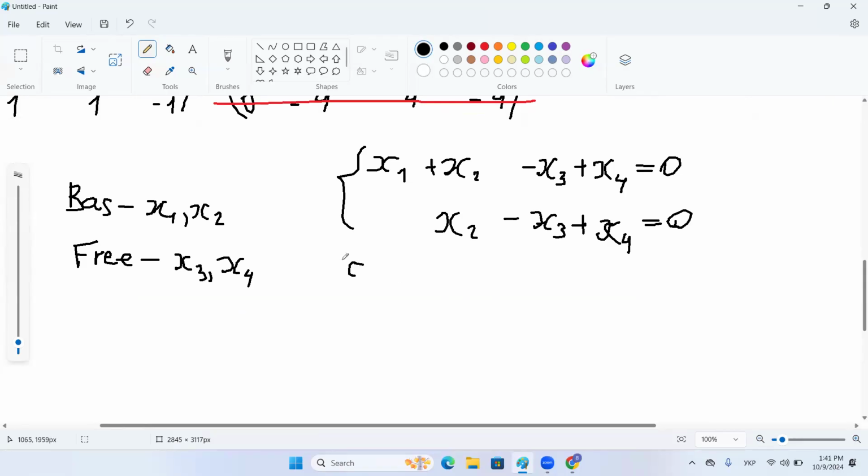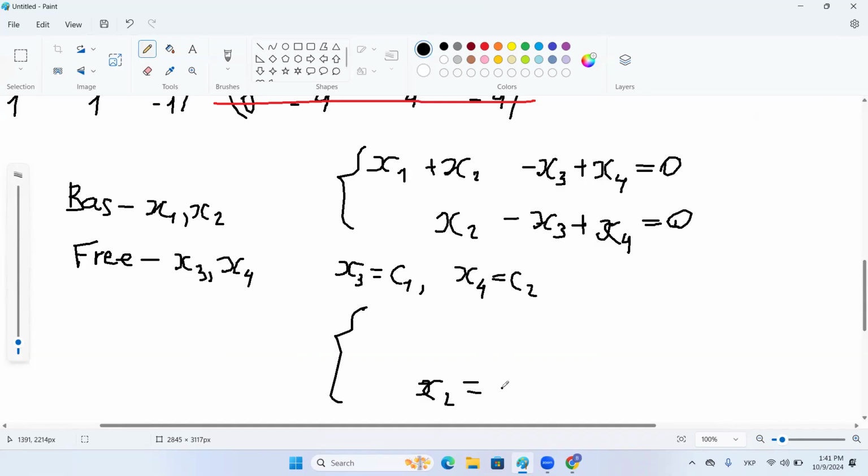And let's mark our free variables as constants, just for easier understanding and easier calculations. And now, let's solve the system with respect to our solution. Let's first find our general solution, and then we will move next.